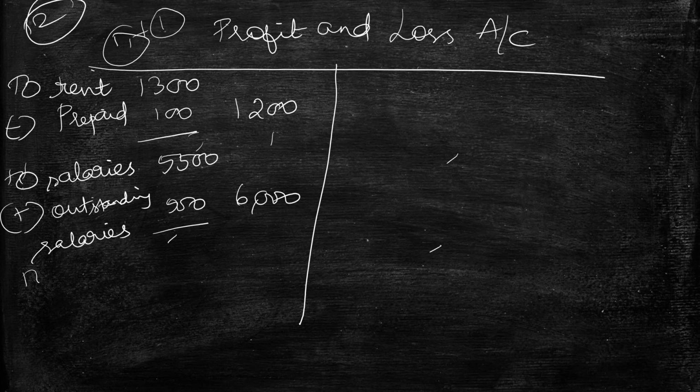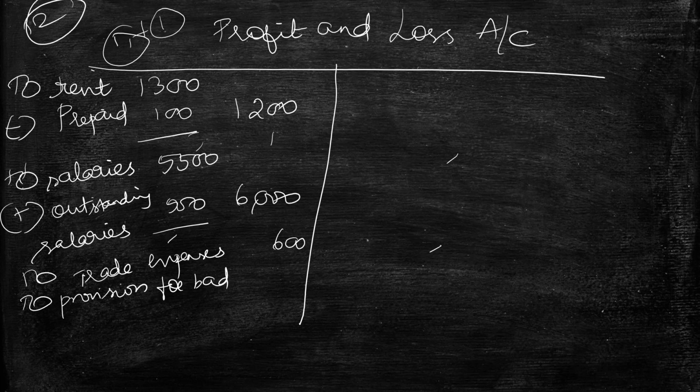Next one, we are going to enter trade expenses, which is 600. Then we have to create a provision for bad and doubtful debts. How are we going to create it?